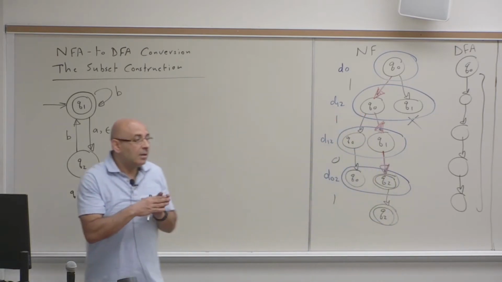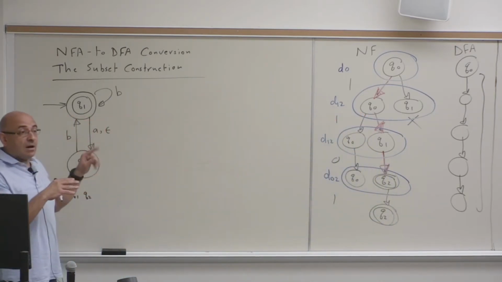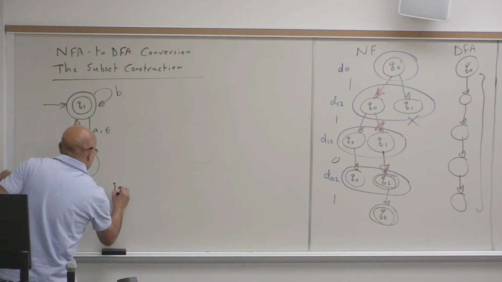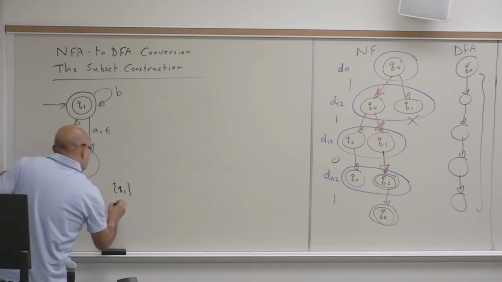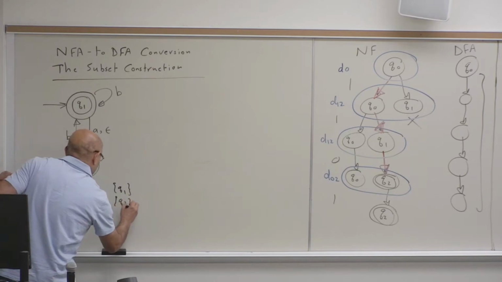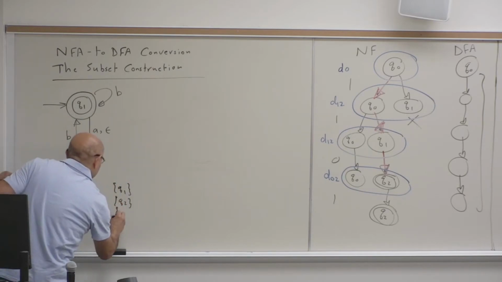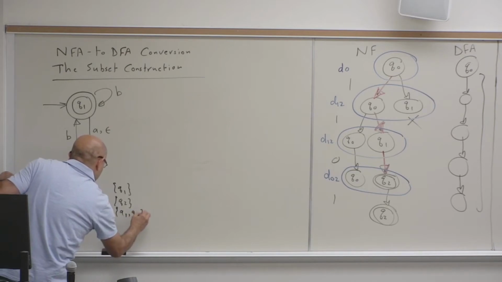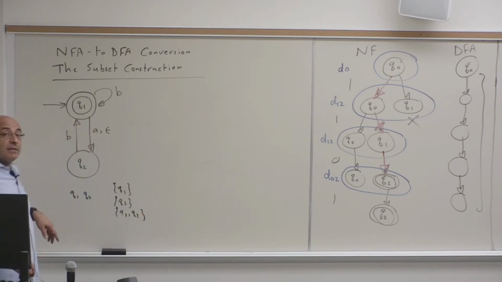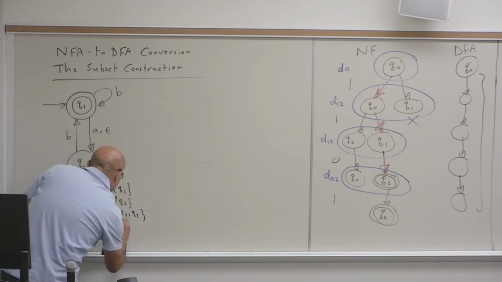So the first subset is Q1 by itself. The second subset is Q2. The third subset is Q1, Q2. And what's the fourth subset? The empty set.